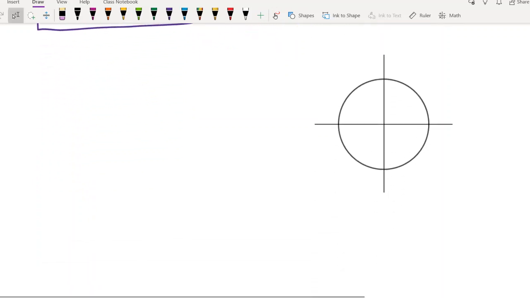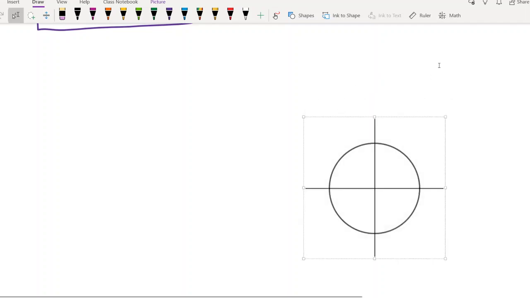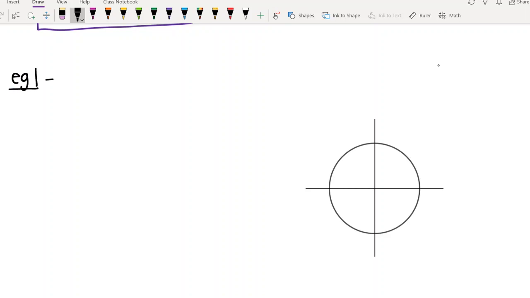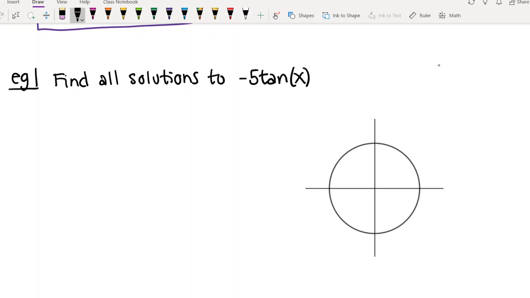Okay, one more example. The last example is, I should write down, find all solutions to -5 times tangent of x minus 1 is equal to 0.